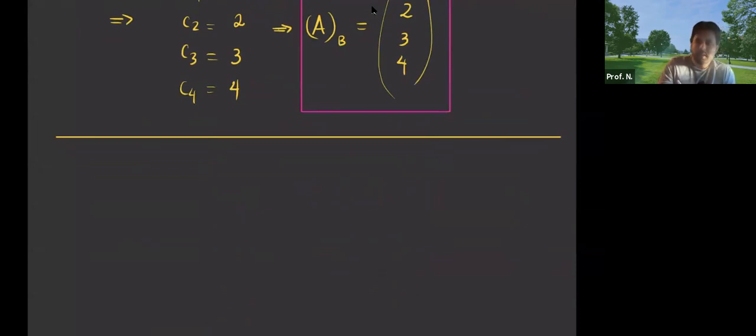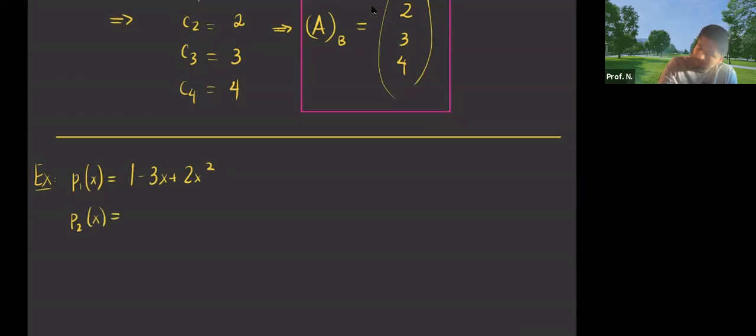It has to do with bases. So suppose I have these bases here. There's another example here. It's a bit unrelated to the coordinate relative stuff, but I still want to make sure everyone's clear about this. So P1 is 1 minus 3x plus 2x squared. P2 of x is 1 plus x plus 4x squared.